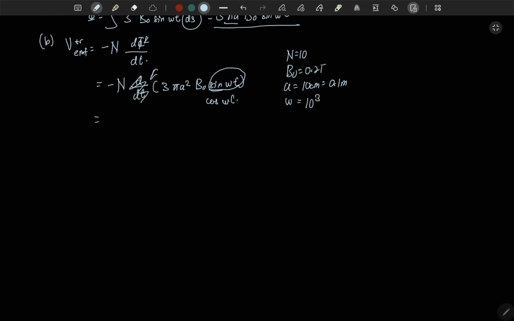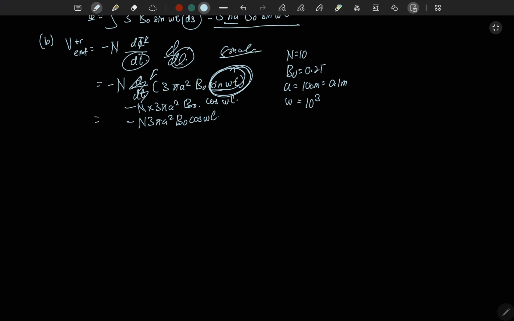So this will go on and we have negative n times the balance, so we would be having negative n 3 pi a square B naught cos omega t. Because d over dt means differentiate this, meaning sin t being differentiated becomes cos.